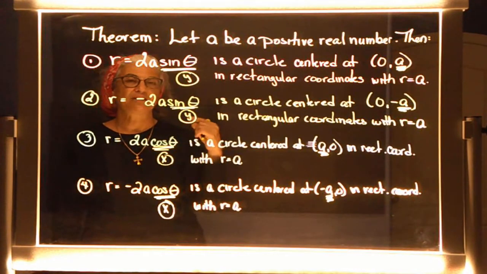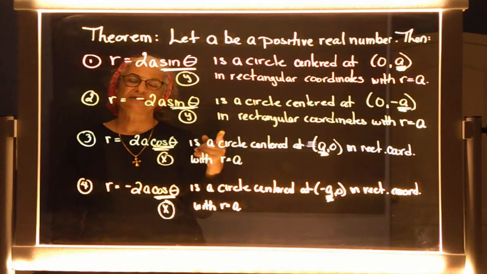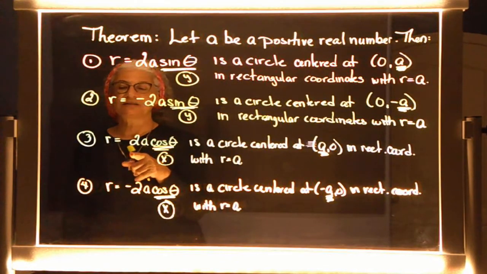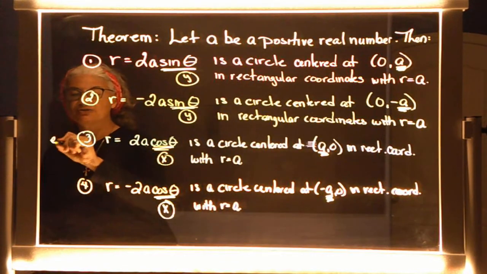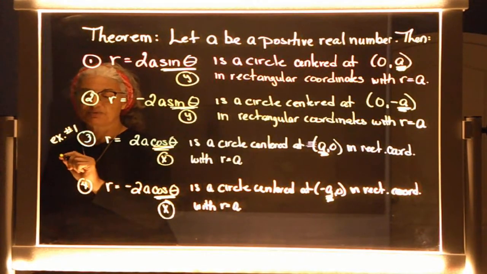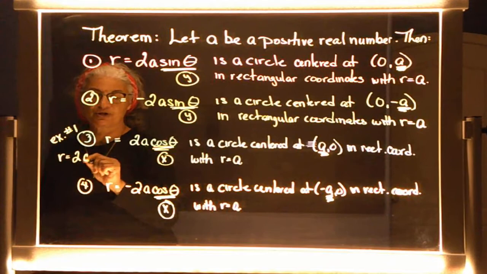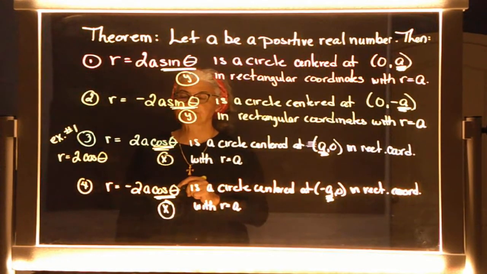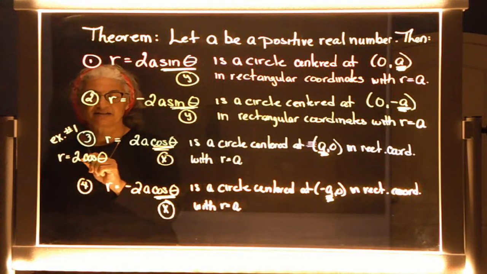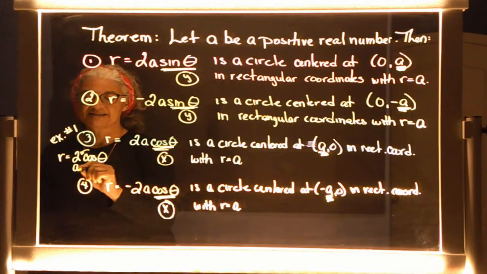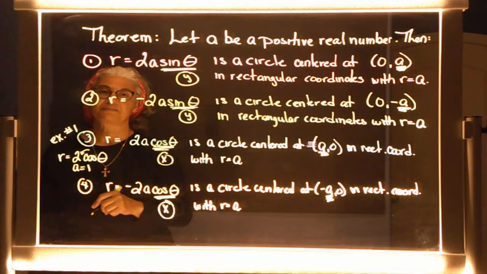Okay. Now, if you go back to the first polar that we graphed just a few minutes ago, it said r equals 2 cosine of theta, didn't it? Well, that looks like this one, doesn't it? This one right here looks like example number 1. Example number 1 said r equals 2 cosine of theta, doesn't it? So in this case, a is supposed to be right there. Do you see it? Yeah, a is equal to 1, isn't it?